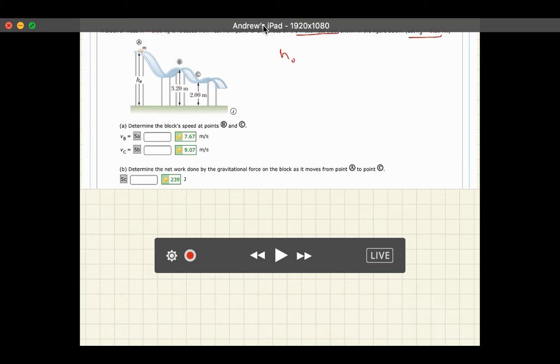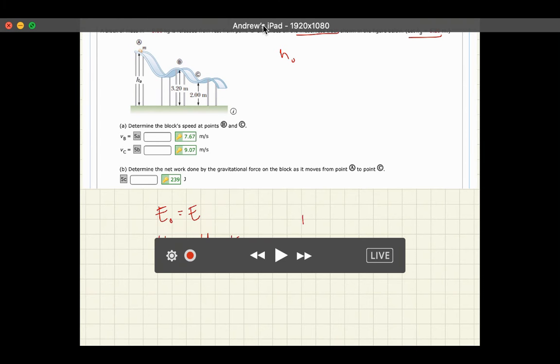So for each part of this, my initial energy is going to be equal to my final energy. And for points B and C, I will have both movement and gravitational energy. At point A, I only have gravitational energy. So I have UG initial is equal to UG final plus K for each of these points.